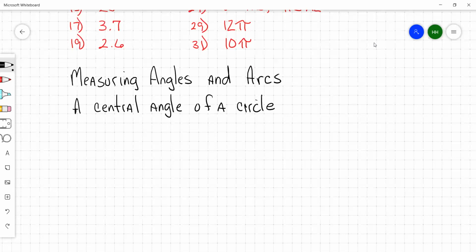A central angle of a circle has a vertex at the center and contains two radii.